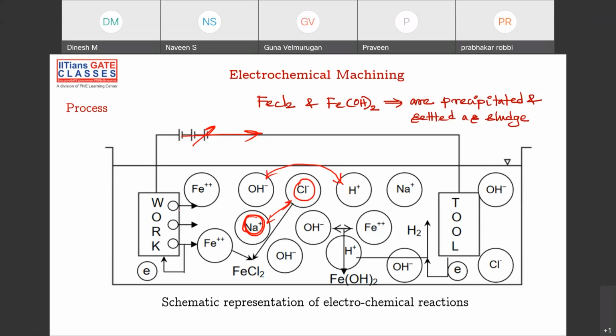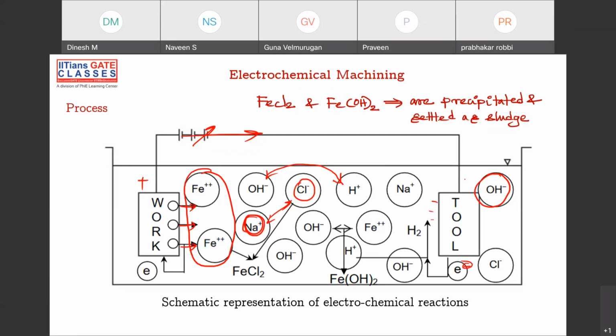And as anode and cathode are there, electricity is being passed. So this is anode, so positive ions will be developed at this point, because this is the positive terminal, right? So Fe+ ions are coming out, and at the negative side OH- ions are coming out. Why OH-? Because H2O is divided into H+ and OH-, so that's the reason all the negative ions are here, or maybe you can say some electrons are generated.